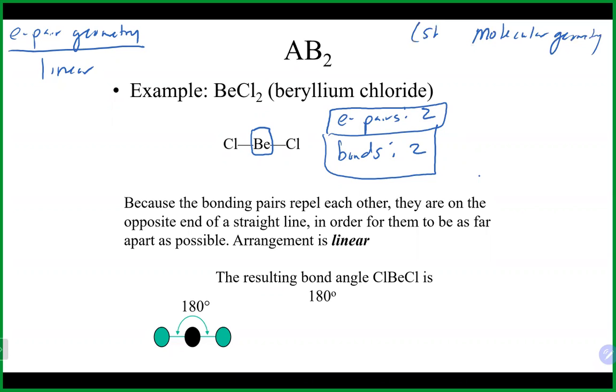That also will be linear in this case. You'll end up in a straight line as well, and the bond angle between the three atoms will be 180 degrees. So when you have two electron pairs and two bonds, the electron pair geometry is linear, and the molecular geometry will be linear as well. Any questions on that?